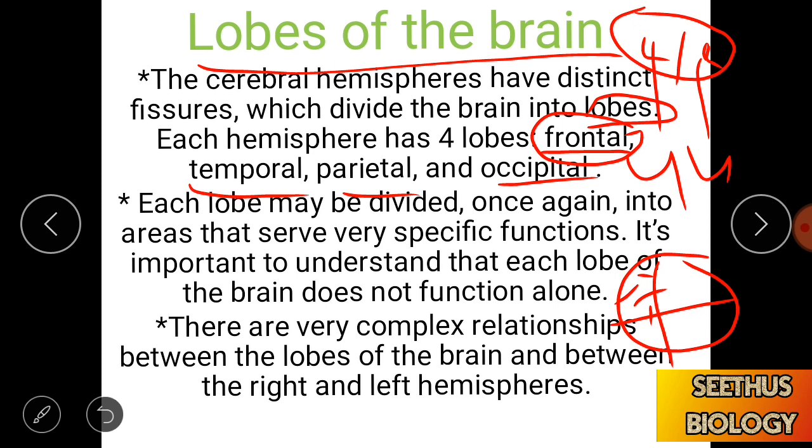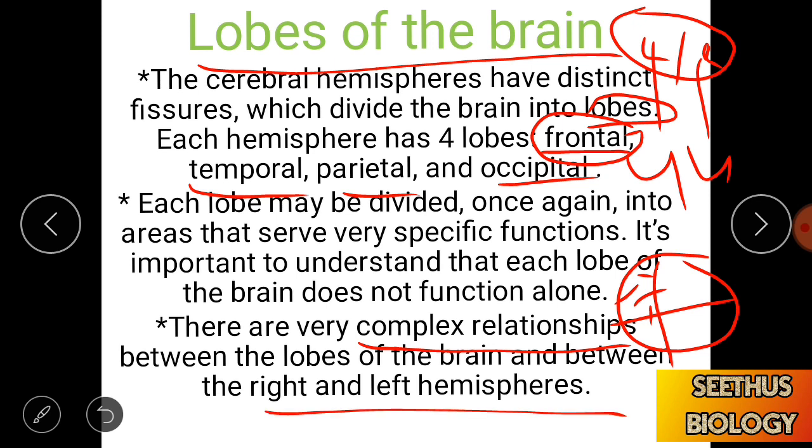A single lobe, the parietal lobe, is not going to work alone, the frontal lobe is not going to work alone, the occipital lobe is not going to work alone, the temporal lobe is not going to work alone. These all work together in our body. These actions, these functions, are a complex relationship between the lobes of the brain and between the right and left hemispheres.